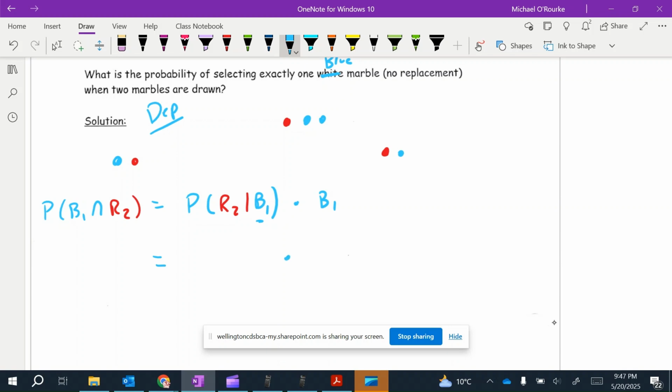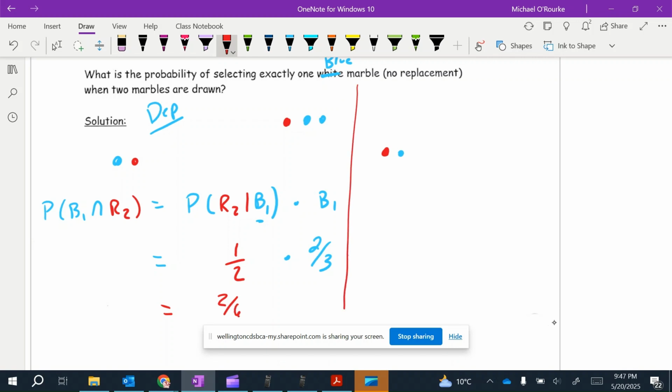So the probability of getting blue the first time is 2 out of 3. And then the probability of getting, let's say I had 2 here, right? I get rid of that one. Now the probability of getting a red is going to be 1 out of 2. So for this first one, my probability is going to be 2 out of 6.